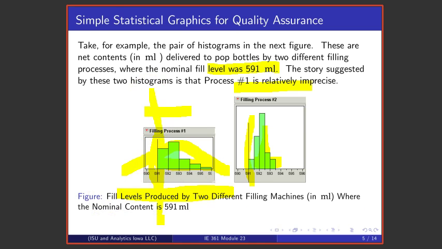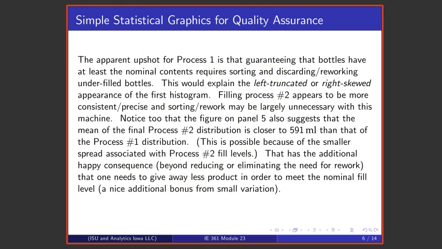If that's the case, there's both more variation on the left than there is on the right, and there's also an implied waste or rework on the left coming from the sorting operation that perhaps was not needed at all from the machine that filled the bottles on the right.